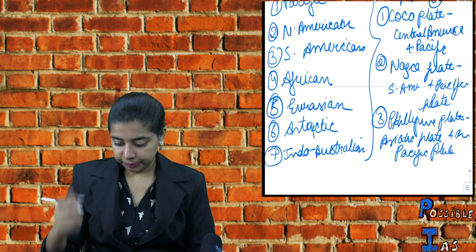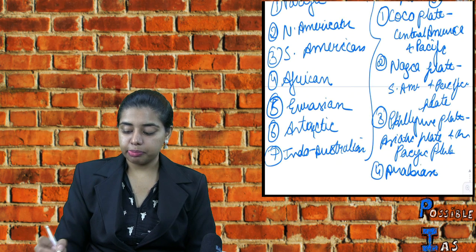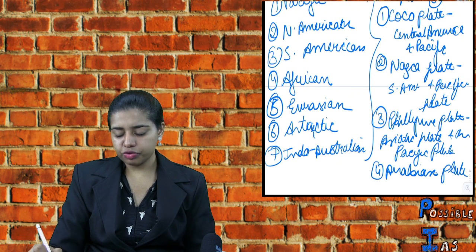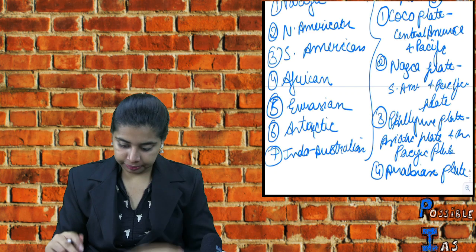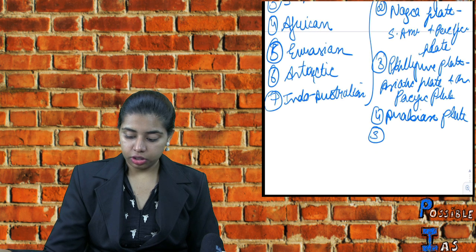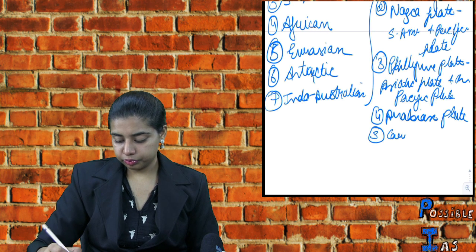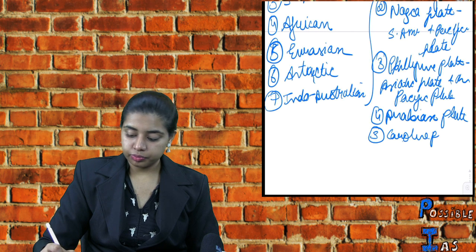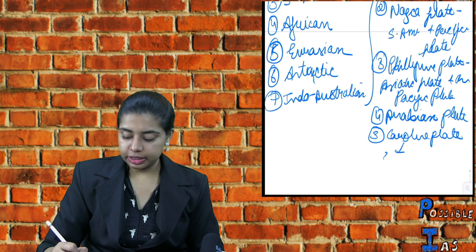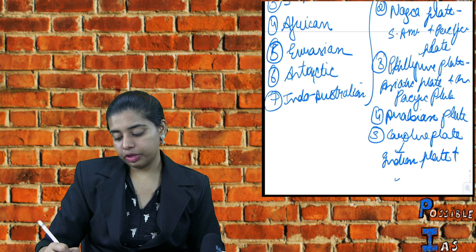Then you have the Arabian plate, which forms the maximum part of Saudi Arabia. Then number 5, you have the Caroline plate, which is located between the Indian plate and the Philippines plate.